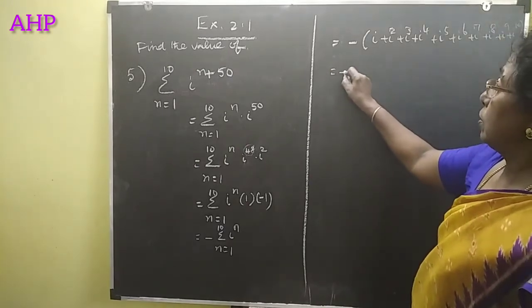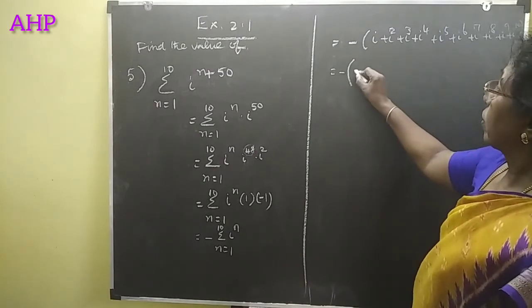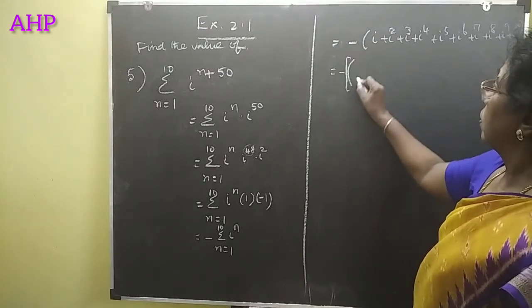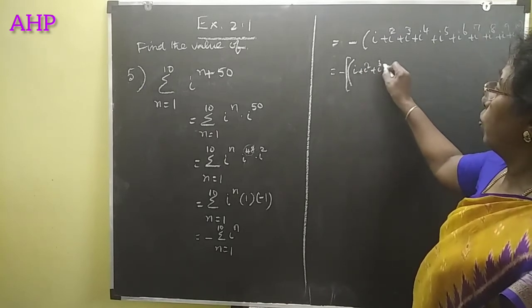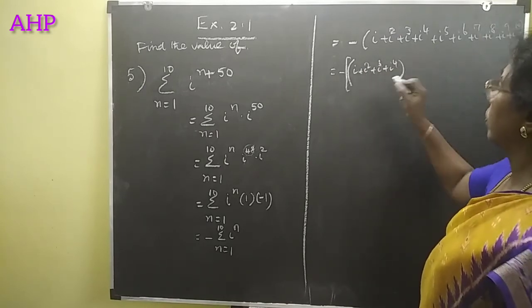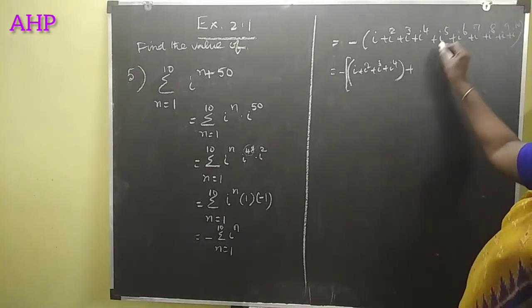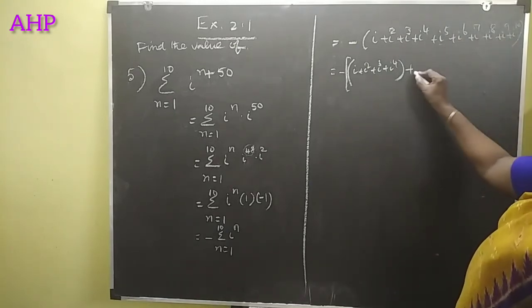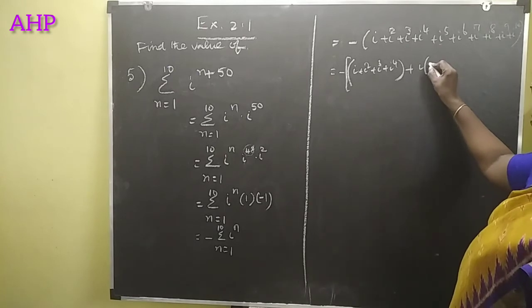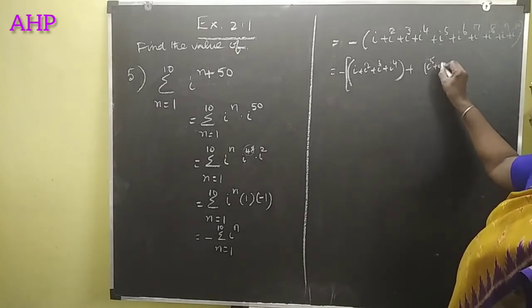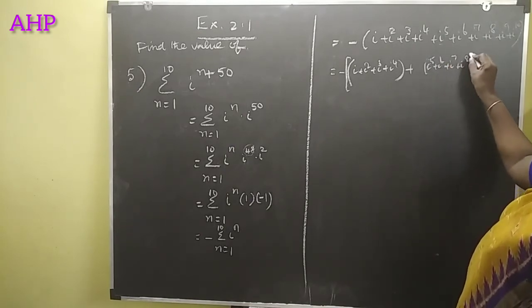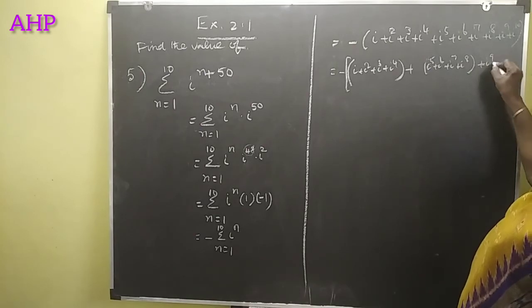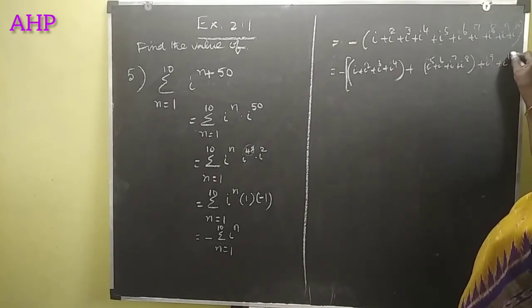So this is equal to minus i plus i square plus i cube plus i power 4 plus, we can take this i outside, i power 5 plus i power 6 plus i power 7 plus i power 8 plus i power 9 plus i power 10.